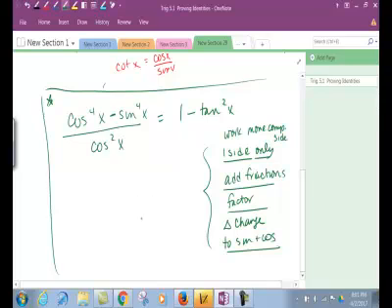So what I'm going to do is factor the top. And so I recognize that this is of the form difference of two squares. So I'm going to factor this to cosine squared x plus sine squared x, and then times cosine squared x minus sine squared x.